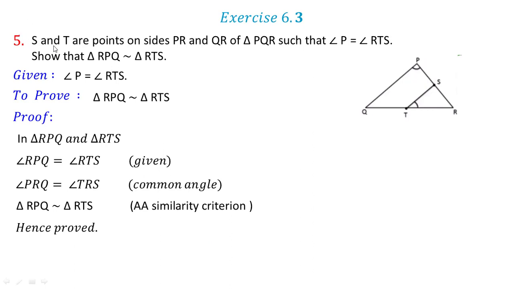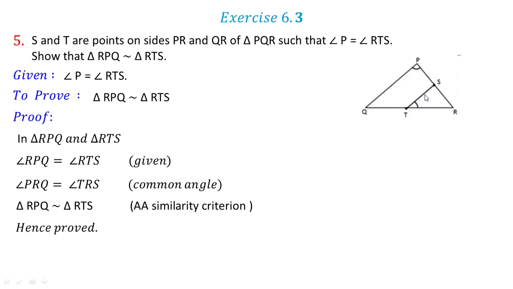Now here S and T are points on the sides PR and QR of the triangle such that angle P and angle RTS are equal. Here angle P we have shown with equal signs, angle P and angle T they are equal. We have to show that triangle RPQ and triangle RTS are similar.